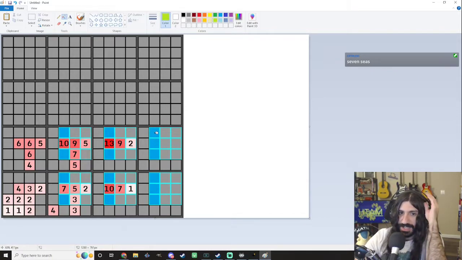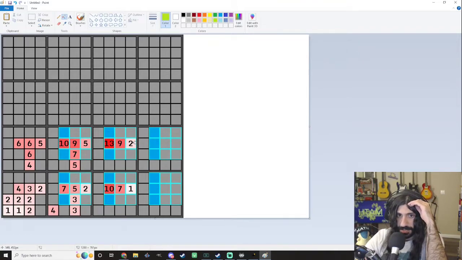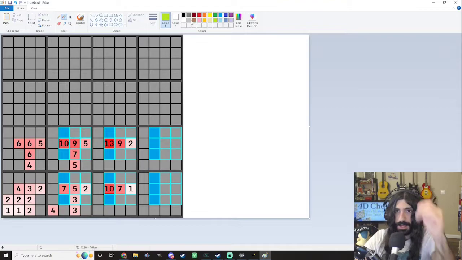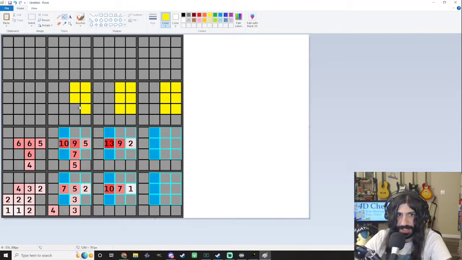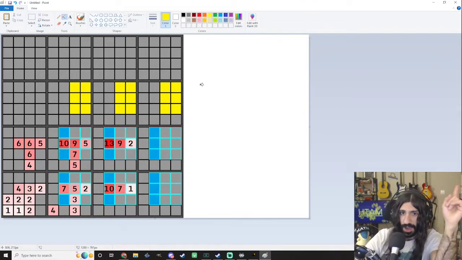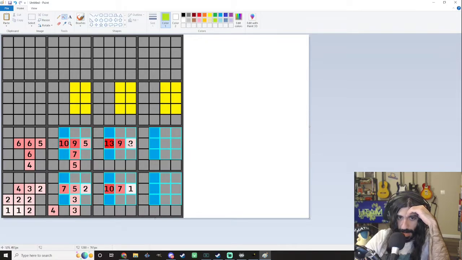Of these, 6 are bombs for sure. Of, let's do yellow. These are all of the cells that this 2 sees that this 1 doesn't see. One of the yellows is a bomb.